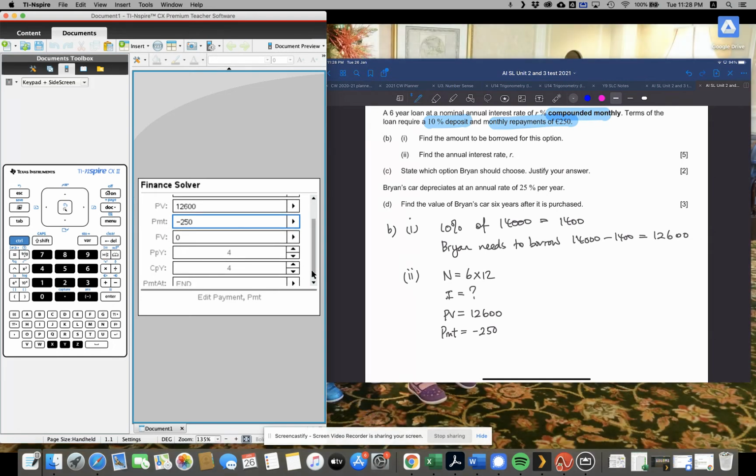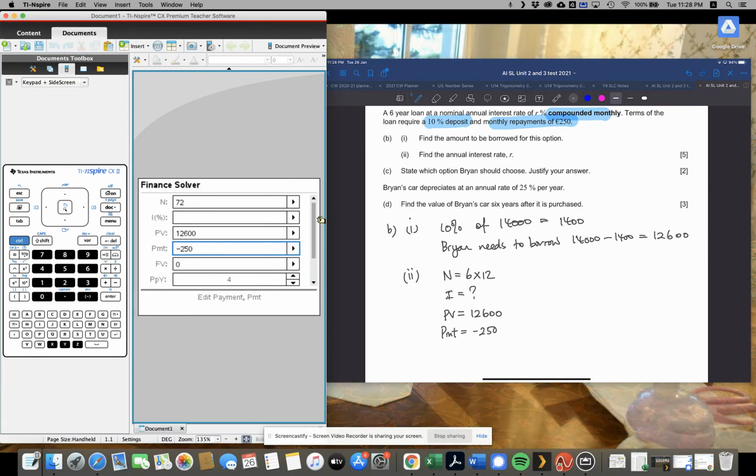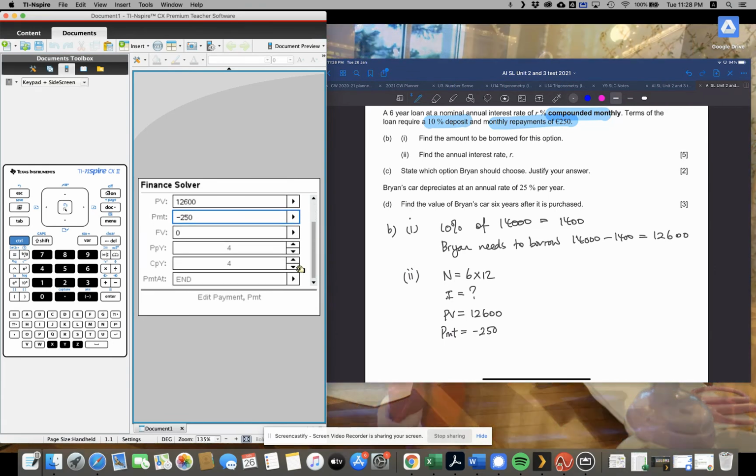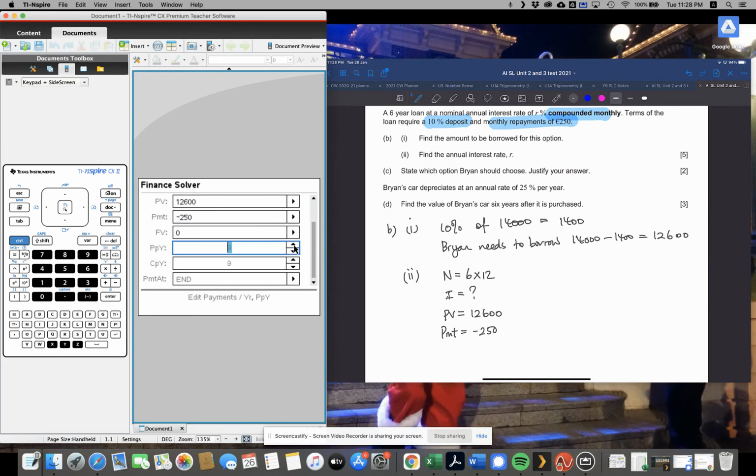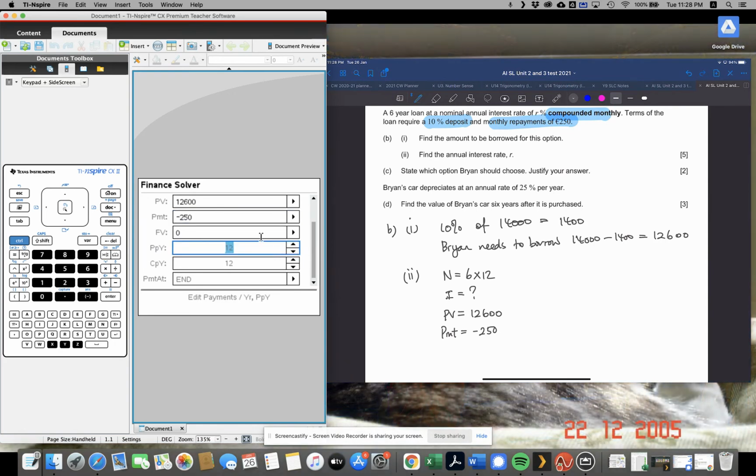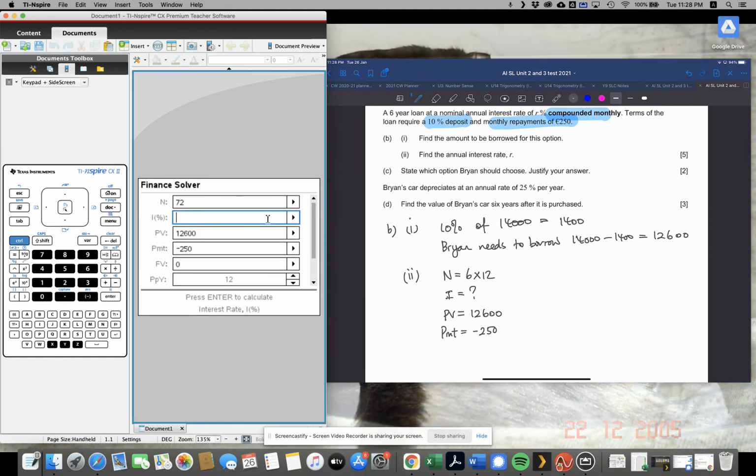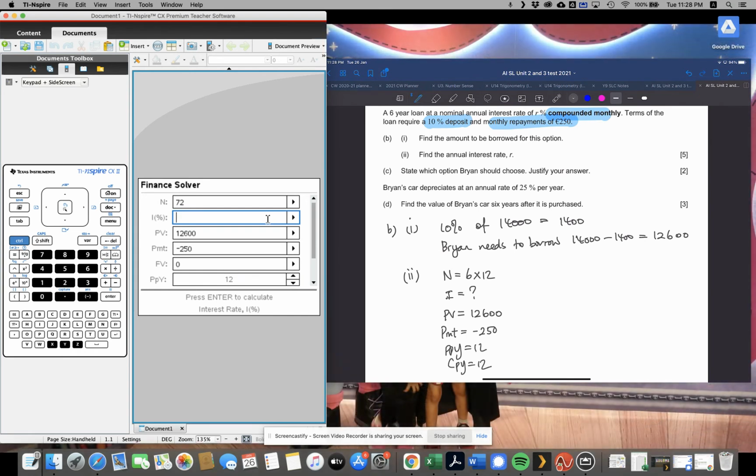The PPY, CPY must change accordingly because we already changed the number of n to 72. This needs to reflect the fact we have used 12 months. So PPY is 12, CPY is 12.